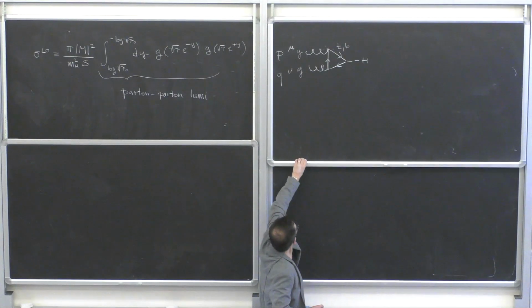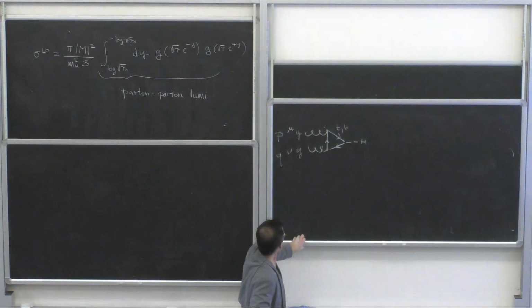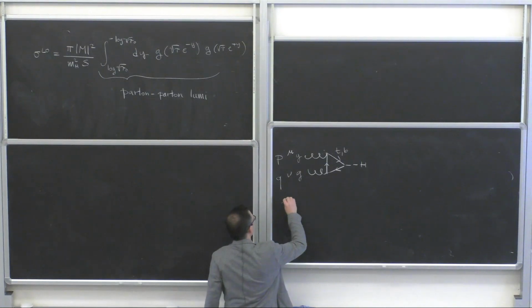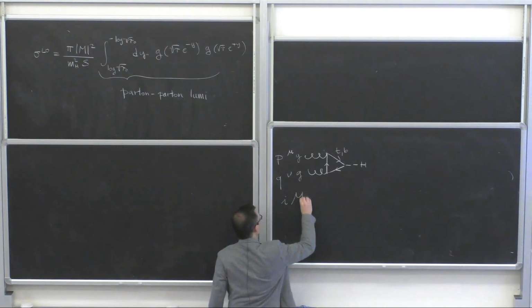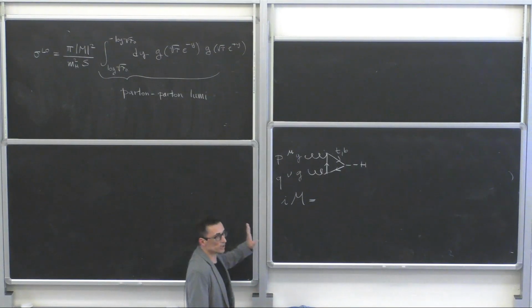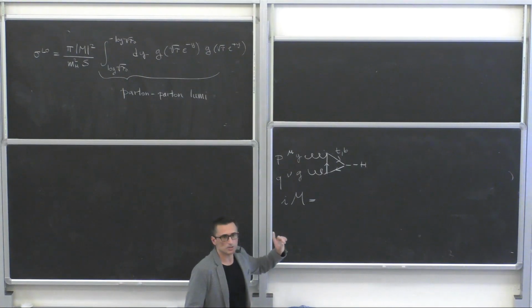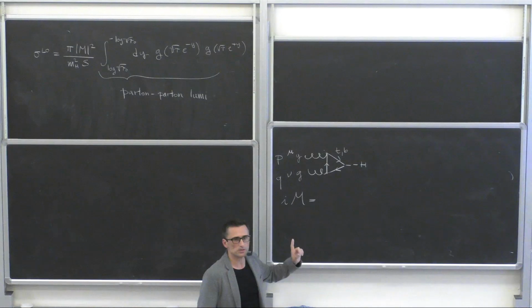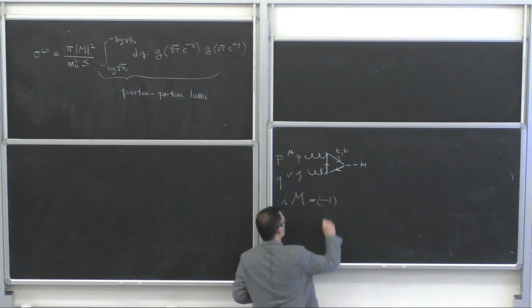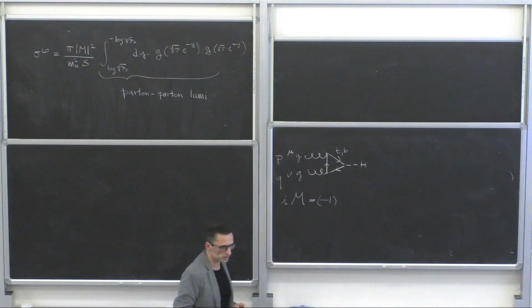Okay. So we compute the loop and we write the amplitude. Okay. I am equal. First of all, we learn in quantum field theory that the fermion loop gives a -1. So let's put it there so I don't forget later.